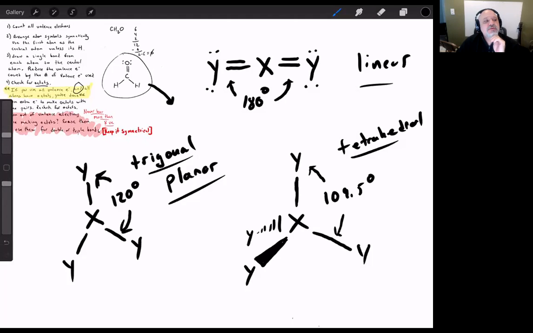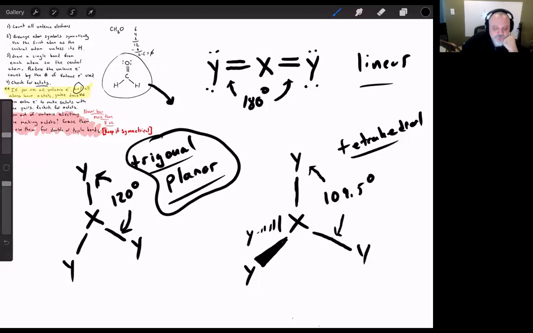What did we decide for CH2O? Didn't we decide that it was 3 geometry groups so that it must be trigonal planar? Yeah, and so what are the bond angles? 120 degrees. Yeah.